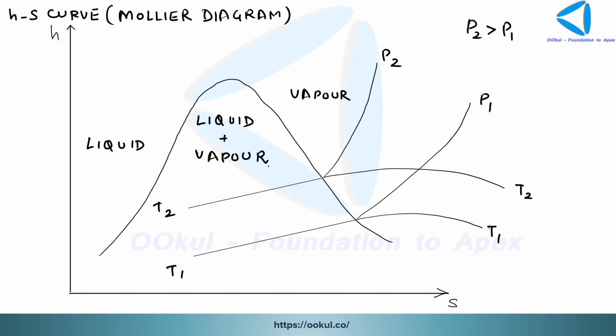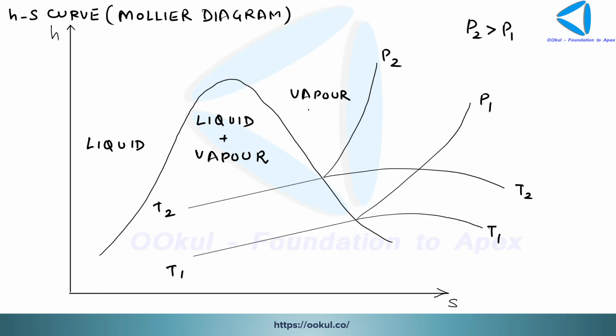In the wet region, that is the liquid plus vapor region, these two lines corresponding to either pressure P1 and P2 or temperature T1 and T2 are the same, because in the wet region the pressure and temperature curves coincide, so they are parallel.